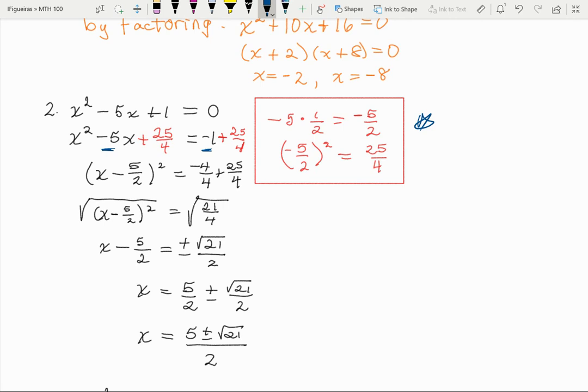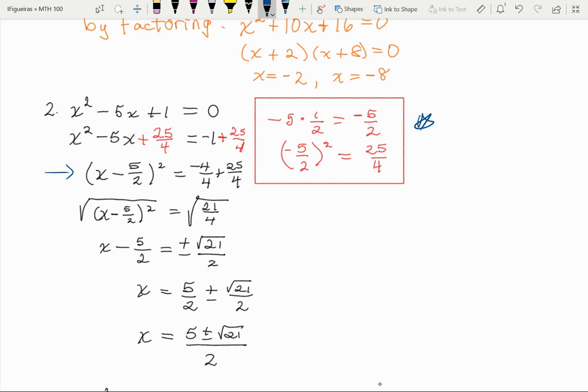The 25 over 4 gets added to both sides of the equation, and again, it's in red so that you can see it easily. So in this third line, you factor. This is again a perfect square trinomial, although not something you're used to seeing because of the fraction, but it works the same way. It's x minus 5 halves squared equals, and now the negative 1 is written as negative 4 over 4 plus 25 over 4.